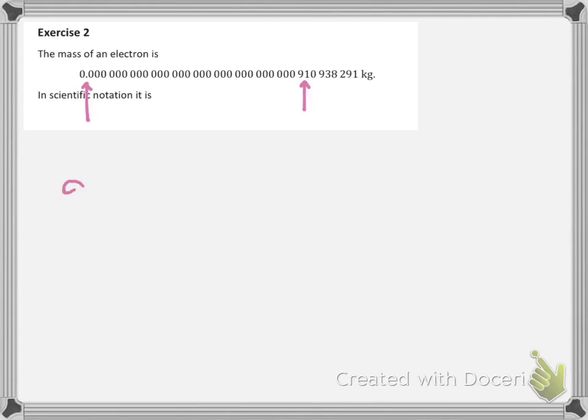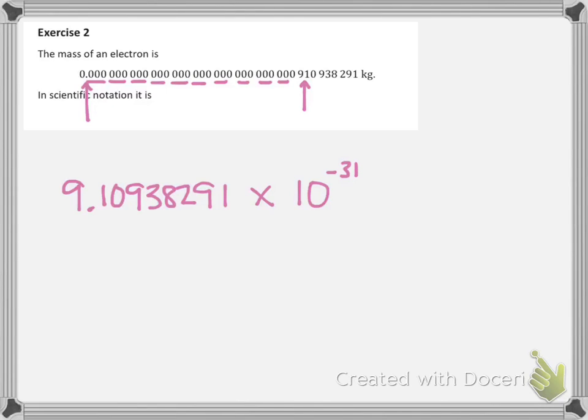So I'm going to get 9.109382291 times 10 to the 3, 6, 9, 12, 15, 18, 21, 24, 27, 30, and then one more, 31, so that's to the negative 31. There is scientific notation for the electron.